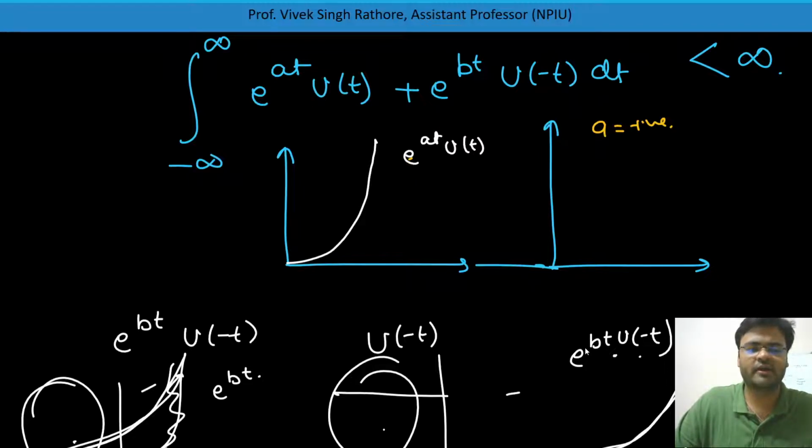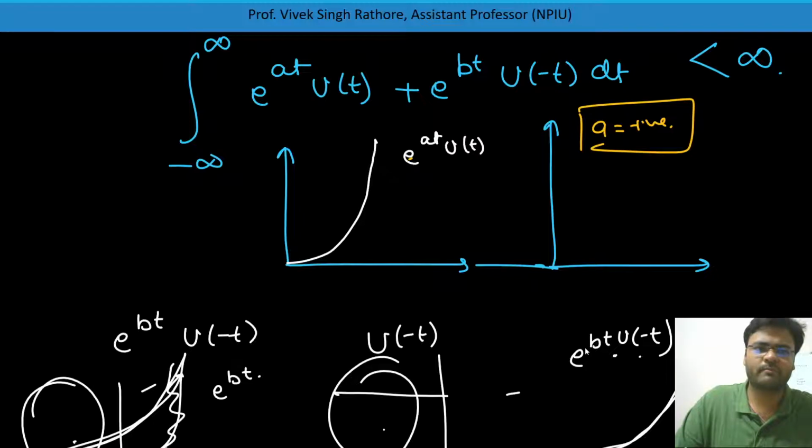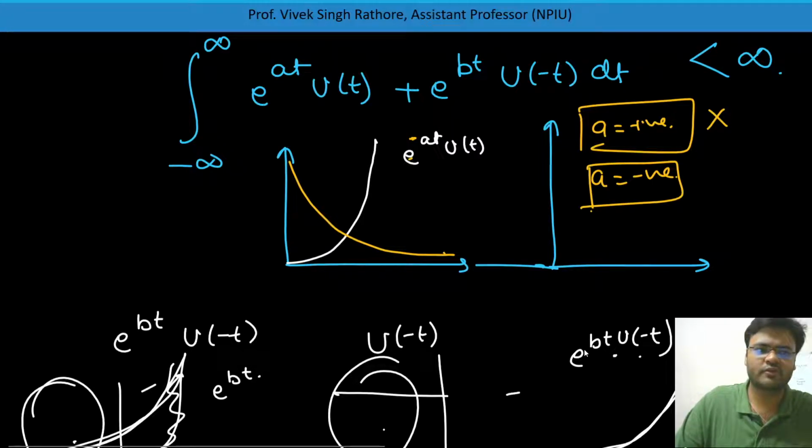It will be non-integrable, and it will reach a value up to infinity. So a cannot be positive, that you should understand. If a is negative, what will happen? E to the power minus at will come, and this graph will go on decreasing like this. So for a negative value it can survive, and the rest is e to the power bt u(-t).